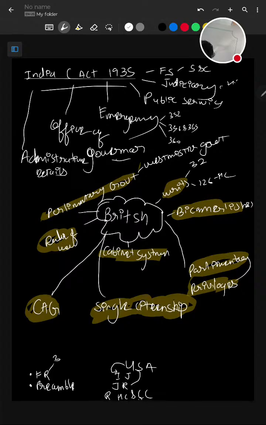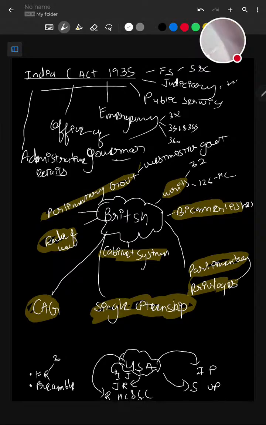Then judicial review. Then we have taken removal of judges of High Court and Supreme Court from the USA. Going on ahead, we have taken impeachment of president, seat of vice president.